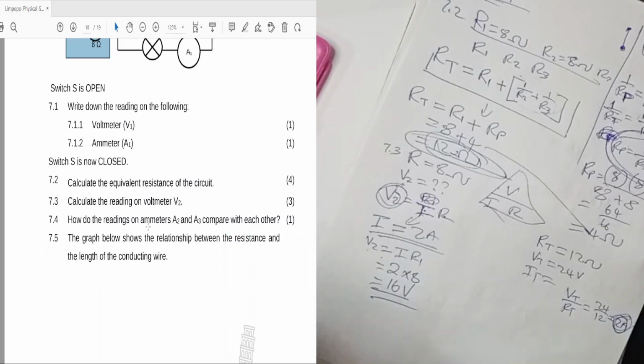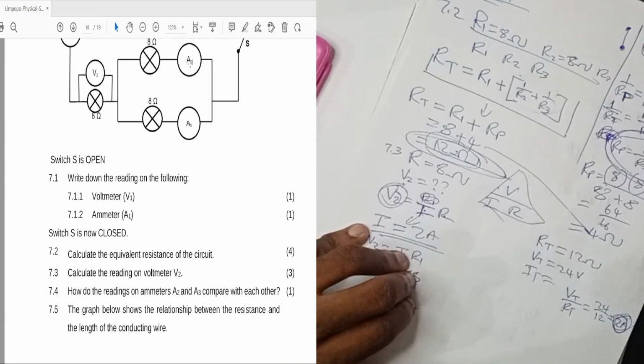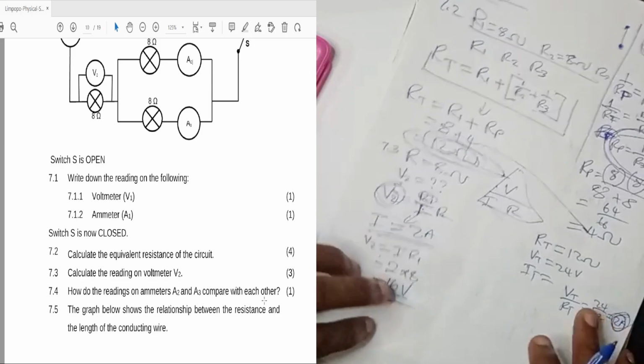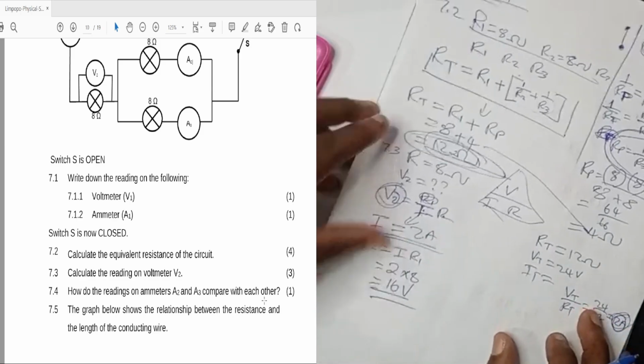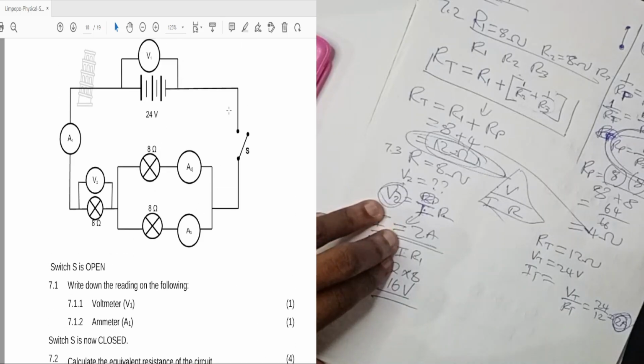7.4. How do the readings on ammeter A2 and A3 compare with each other? Okay, how will they compare with each other, guys? This is how they're gonna compare. When the current from A1 reaches here, it splits to this direction and this direction.